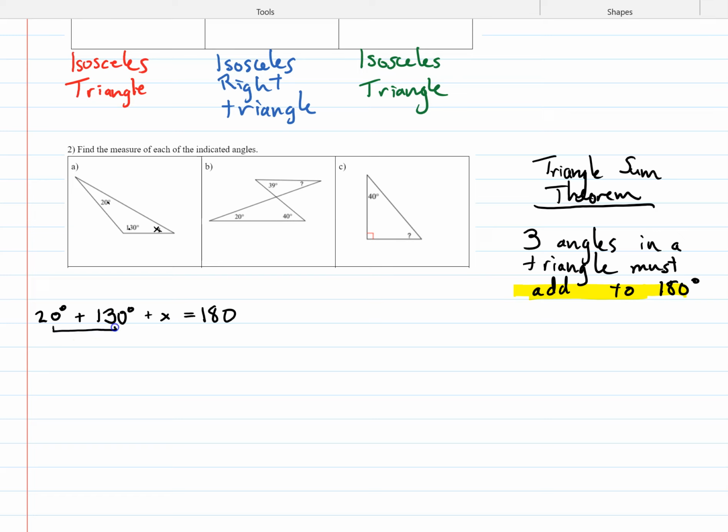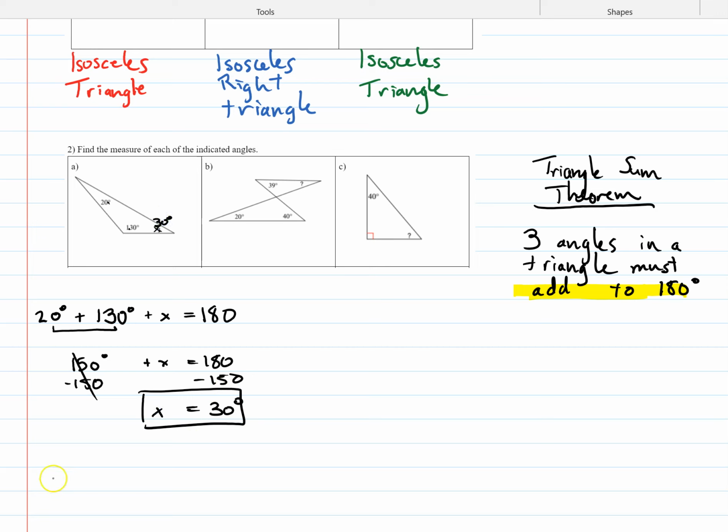Combining like terms, 20 plus 130 is 150, plus X equals 180. And then you subtract 150 from both sides. X equals 180 minus 150, which is just 30 degrees. So this is a 30-degree angle.